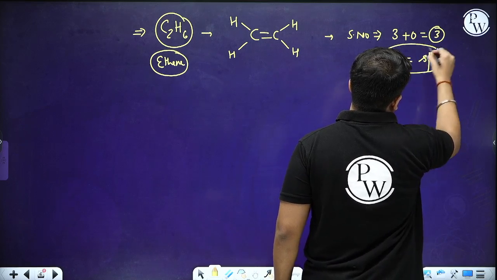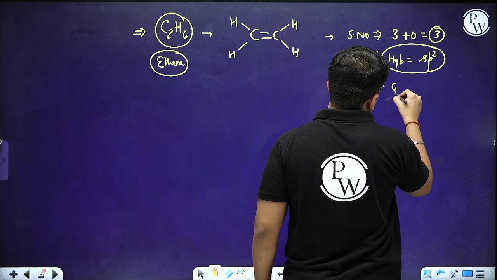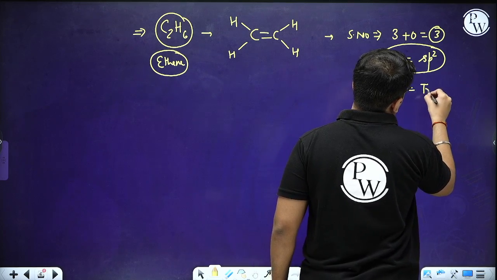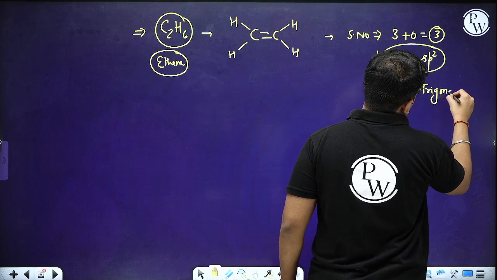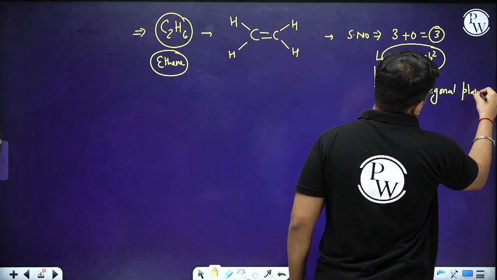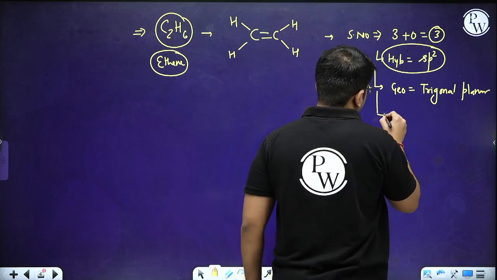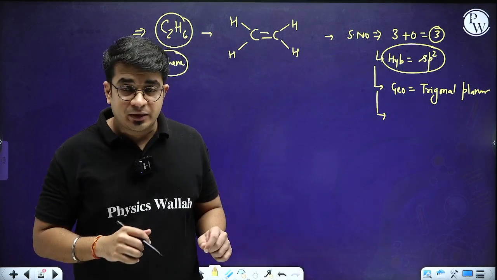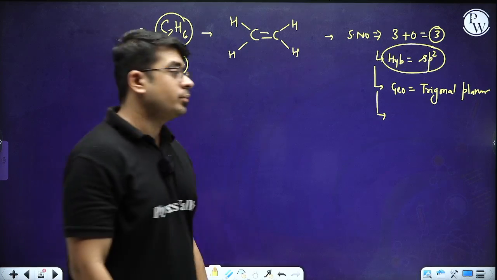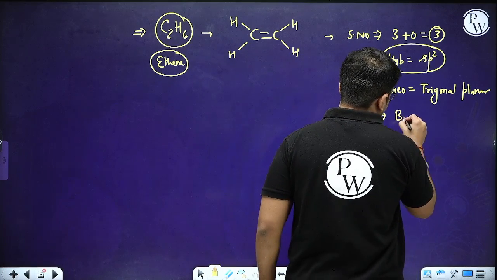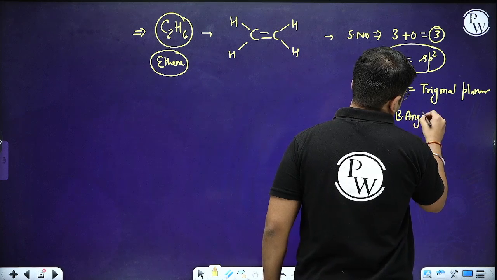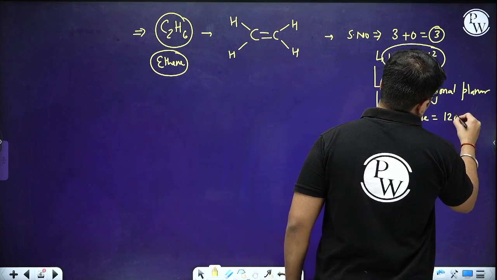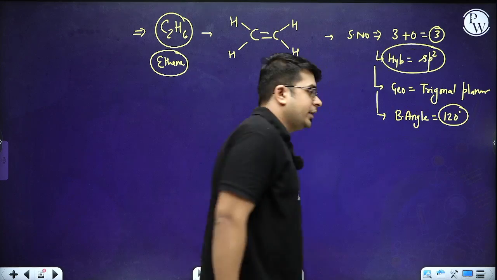If that's the case, we can say that its geometry will be trigonal planar. If the hybridization is sp2 and geometry is trigonal planar, bond angle in this particular case will be 120 degree.